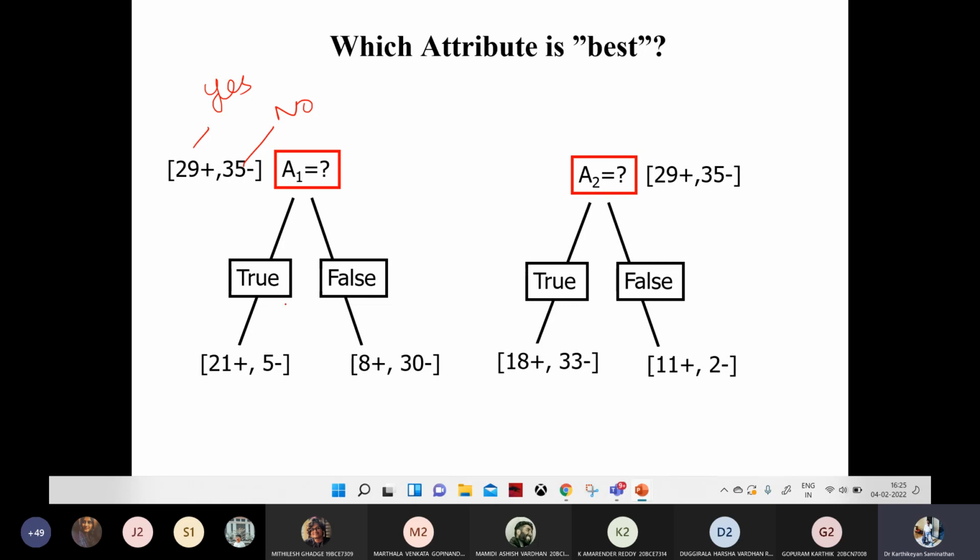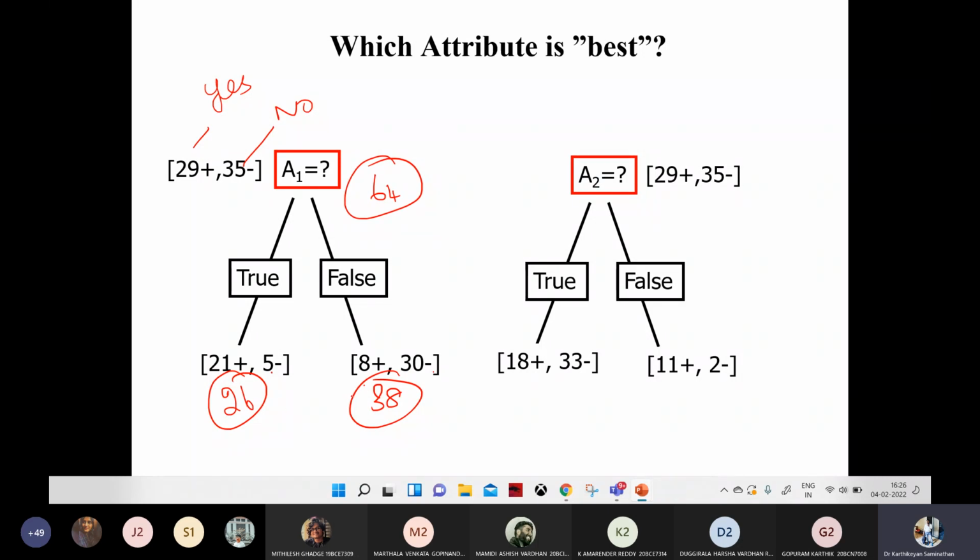Same here. But here the sub branches are 21 positive hypothesis and 5 negative. Here 8 plus 30. So 21 plus 5 is 26, 8 plus 30 is 38. So these both together make 64 hypotheses, out of which we want to calculate whether this one is better or this one is better.